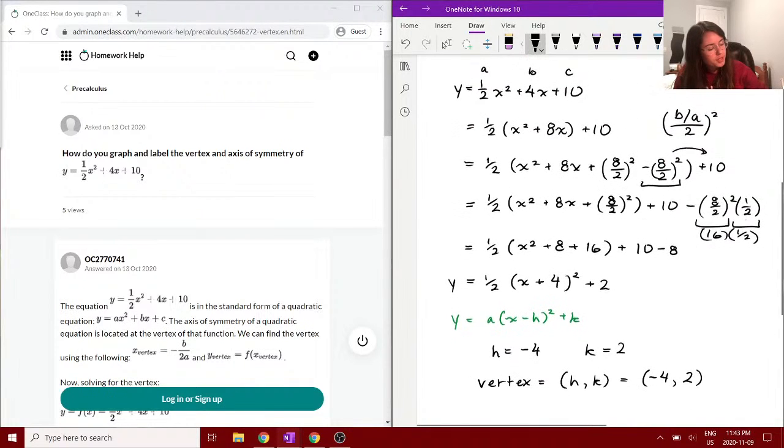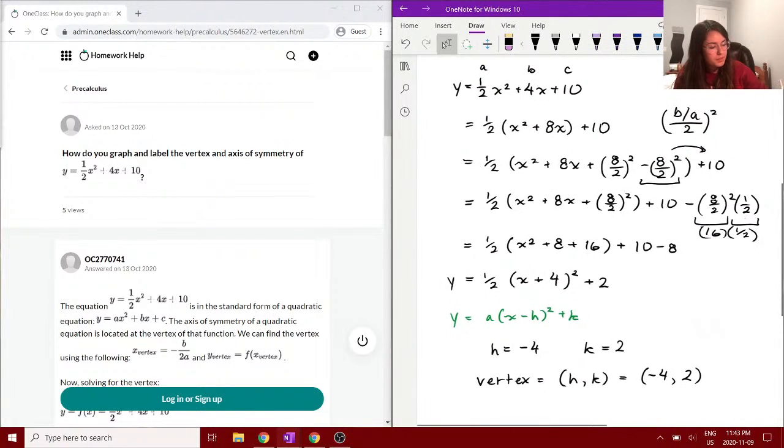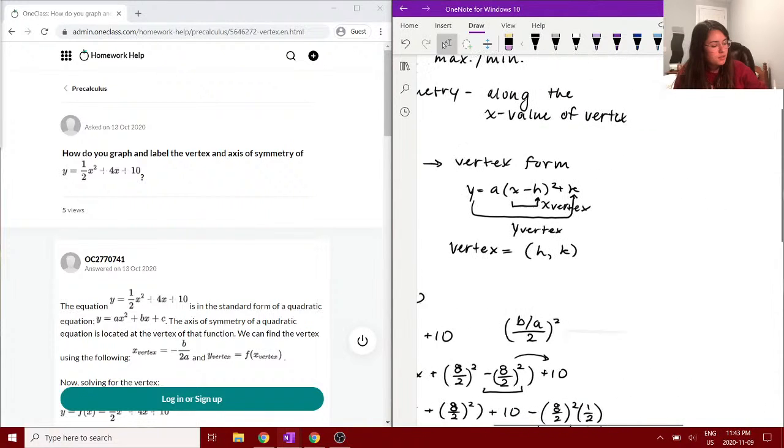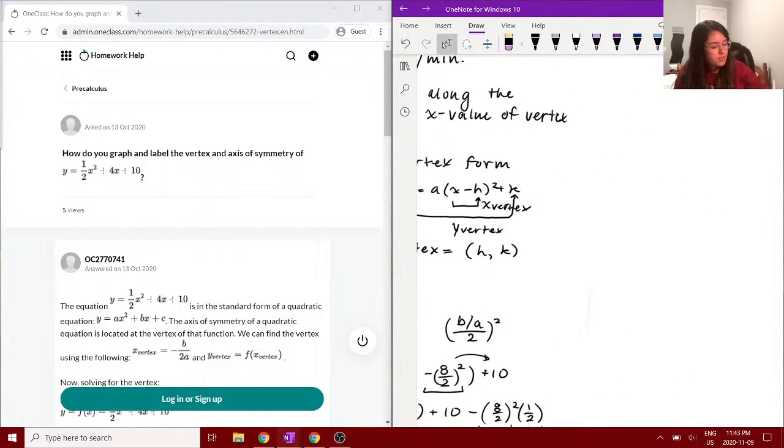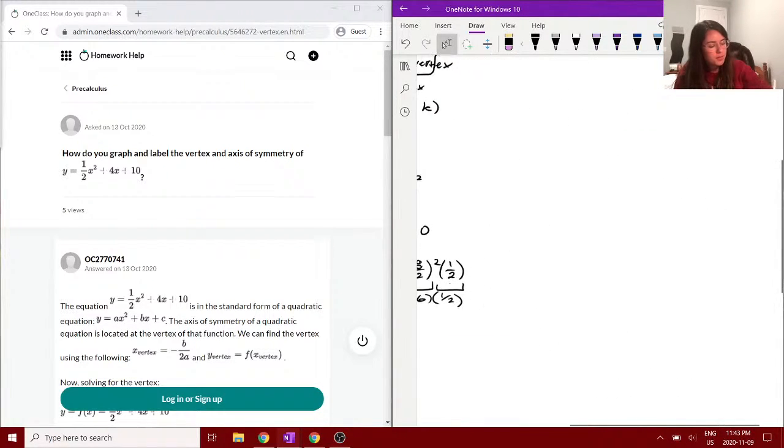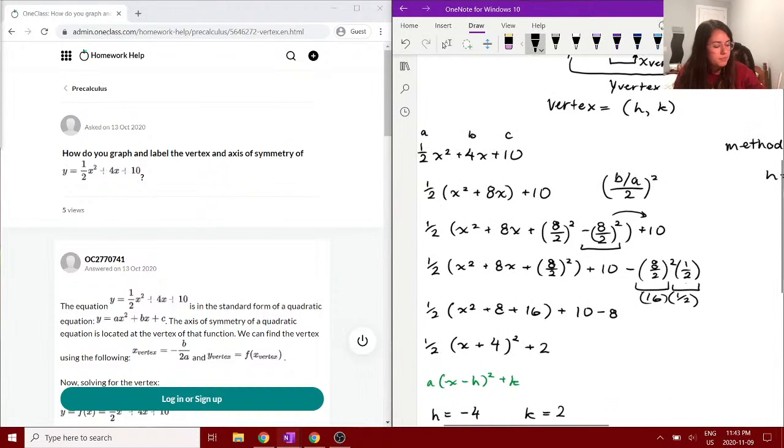There is one more way that you can do it without completing the square. I'm just going to move over here. So our second method shows that you can get h simply by using this formula, minus b divided by 2a.